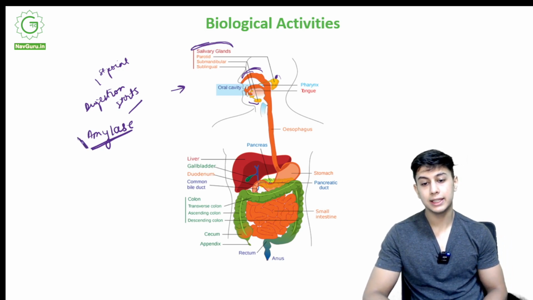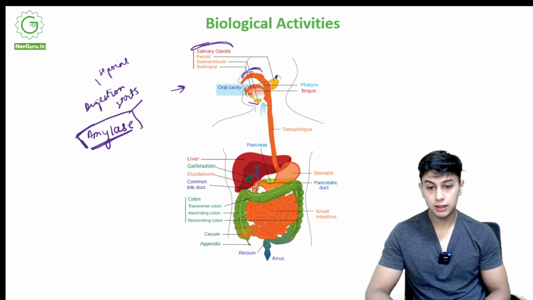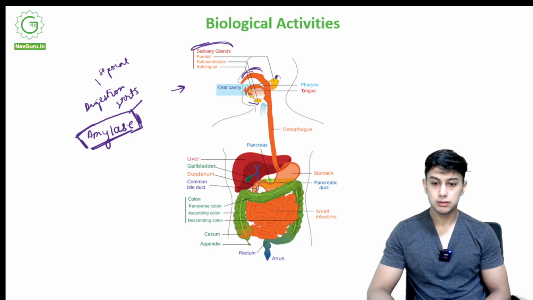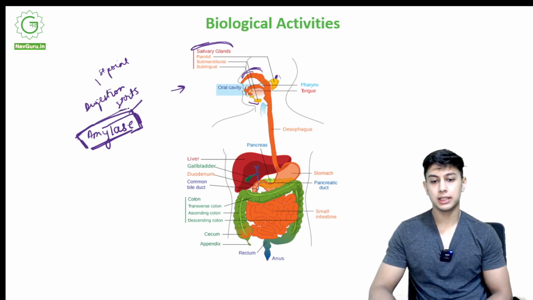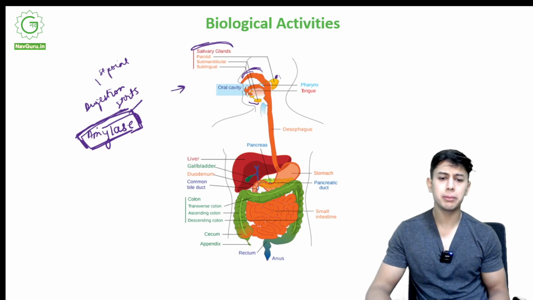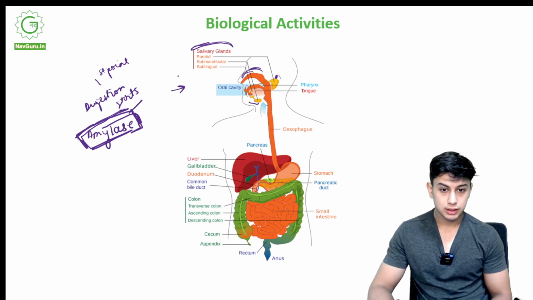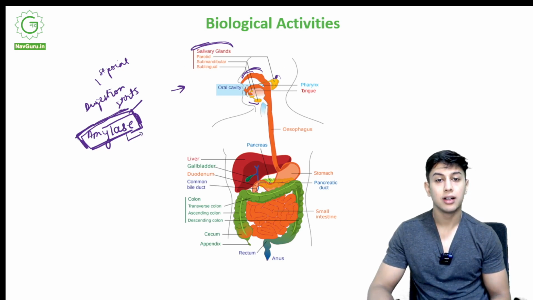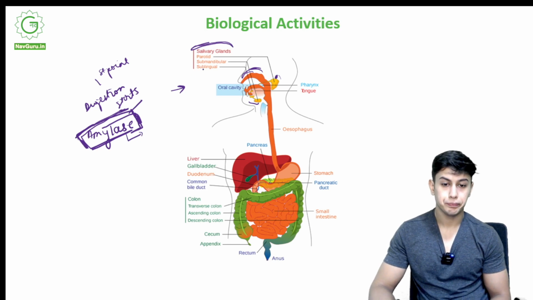This is the enzyme that is present in saliva. This is what makes it able to digest. The amylase is present in the salivary gland, in that saliva.